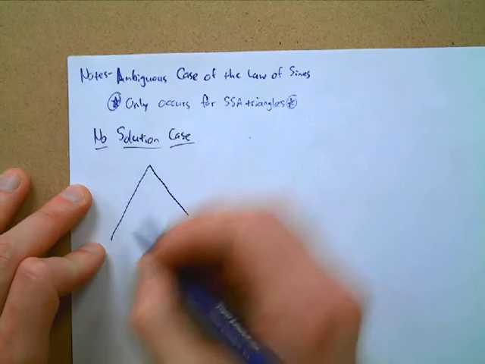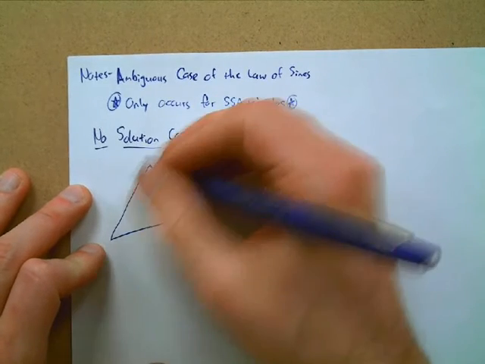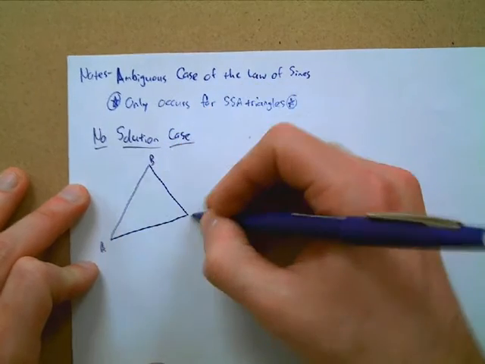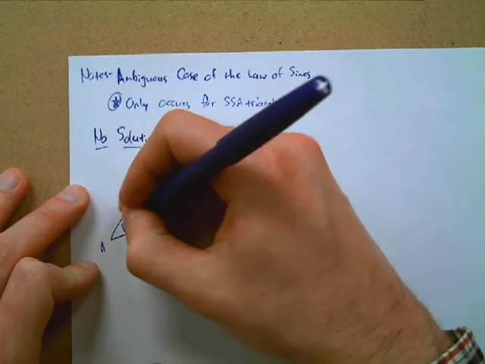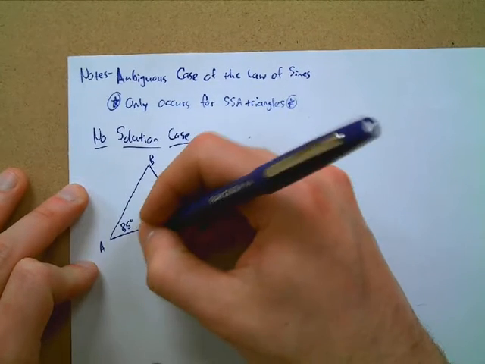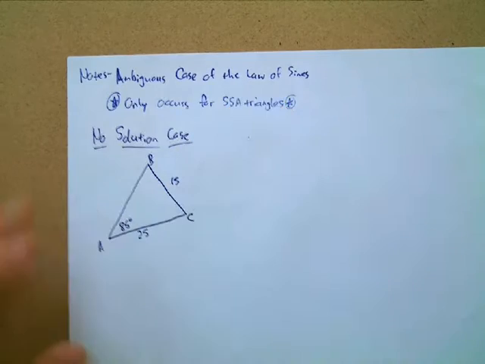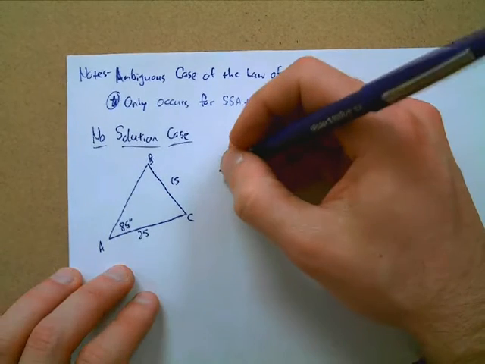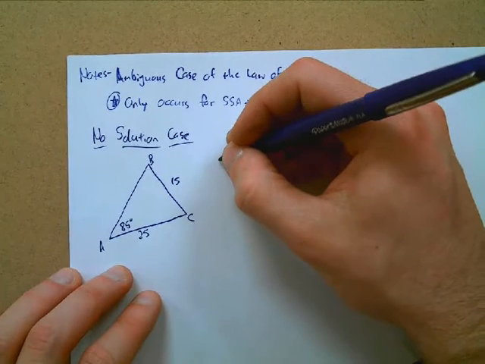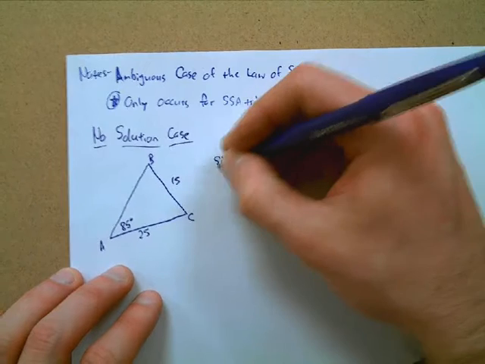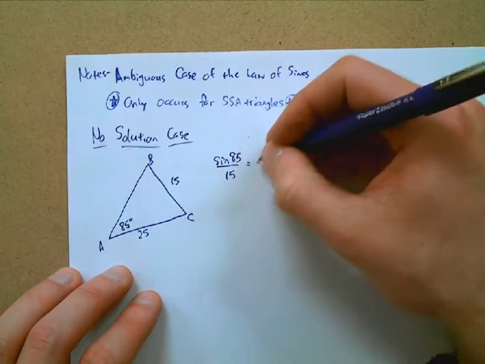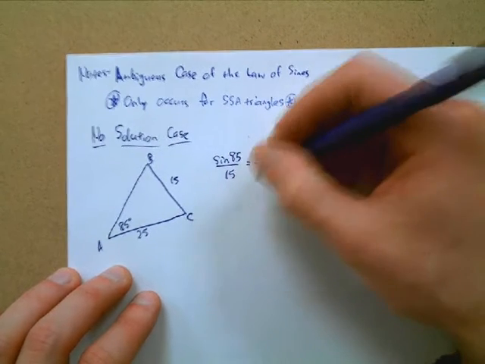We have our triangle here, ABC, and we have 85 degrees here, we have the 25 here, we have the 15 here, and then as Robert had set us up, sine 85 over 15 had to equal sine of B over 25. We cross multiplied.